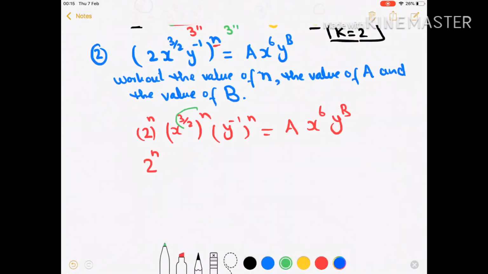We just wrote 2 to the power n at the bottom, and the middle thing, x to the power 3 over 2, and another power is n. So rule number 3, raising one power to another, you have to multiply them. When you multiply them, you will get 3n by 2. So x to the power 3n by 2.